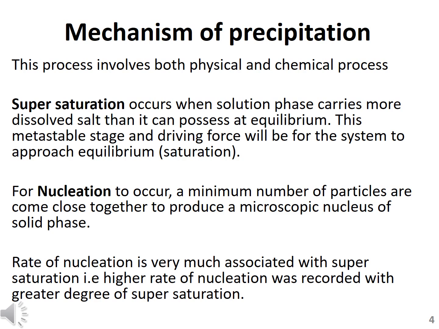When a microscopic nucleus of solid phase is formed, other similar crystals deposit on that nucleus. In this way the nucleus goes on to grow further, and bigger crystals can be achieved. So the rate of nucleation is very much associated with supersaturation.